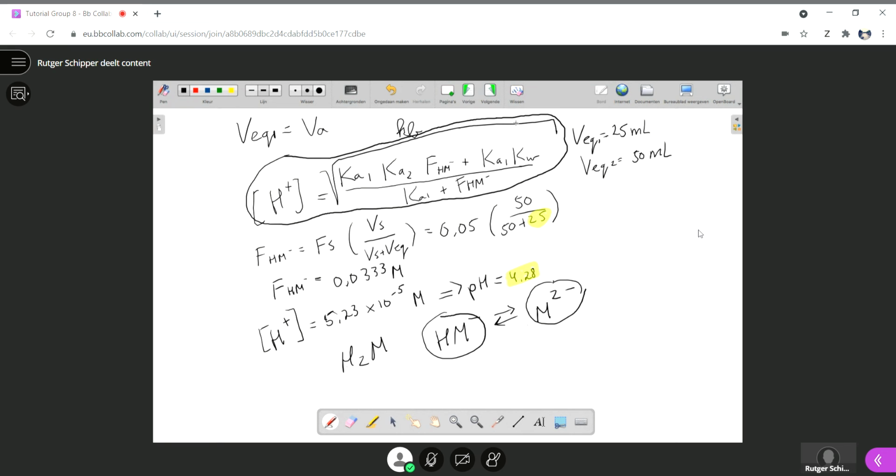The square root of this will calculate the intermediate form. The reason is that we do not know in what manner the intermediate form reacts back to the malonic acid or reacts to the fully deprotonated malonic acid form.